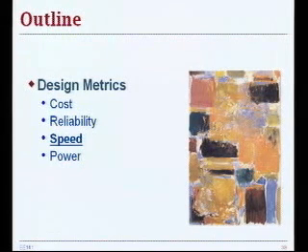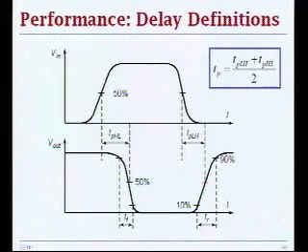This metric will be recurring in this course at various levels, but it's very important to understand the speed in terms of propagation delay of a gate, so we can expand this concept further up to the higher layers in design abstraction.